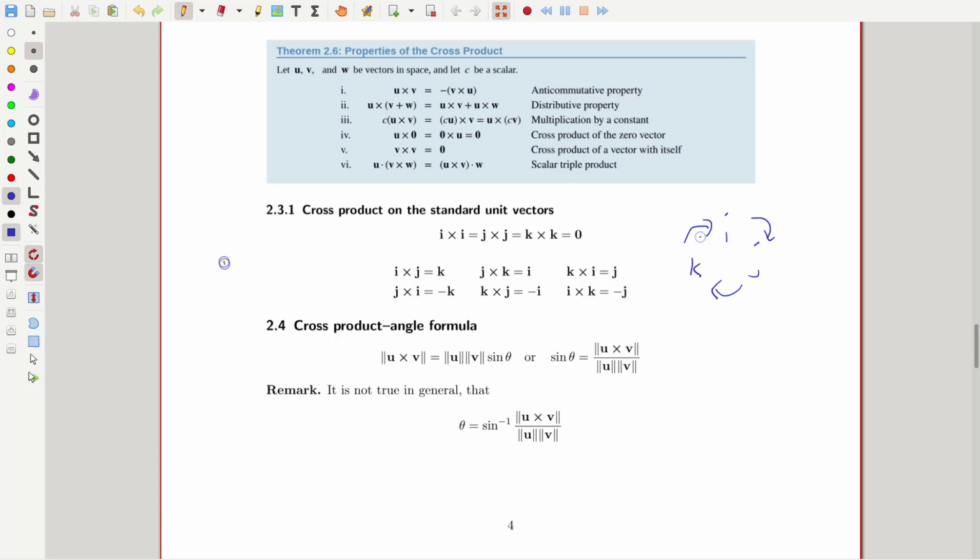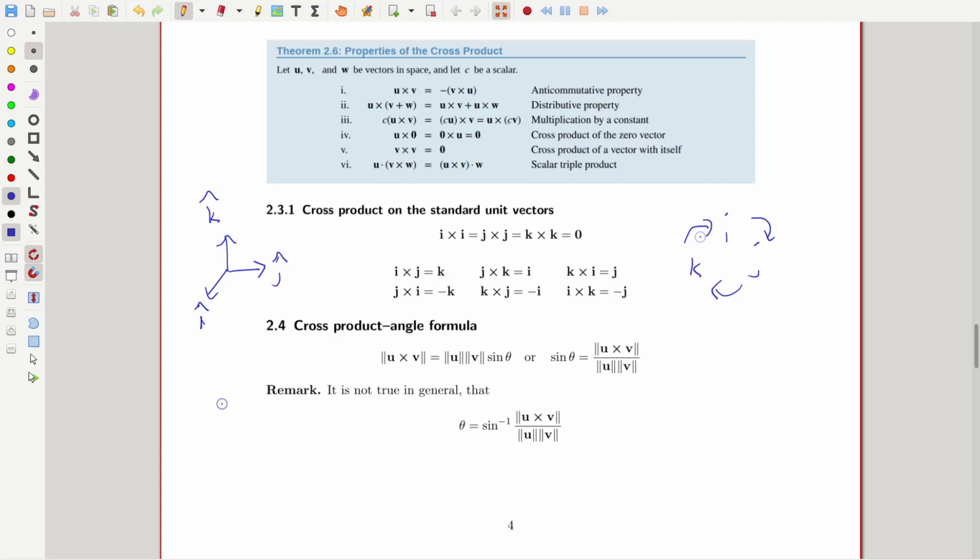It might also be worth mentioning that this is easy to compute visually. i is in the x direction, j is in the y direction, and k is in the z direction. I'll put hats above all these, just to emphasize they are unit vectors. You can compute this pretty quickly just by using your right-hand rule.